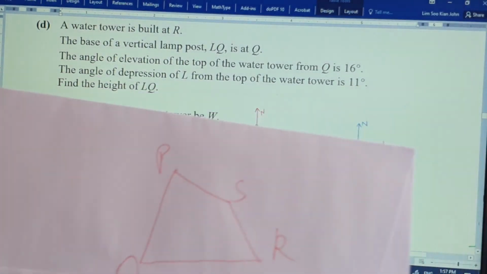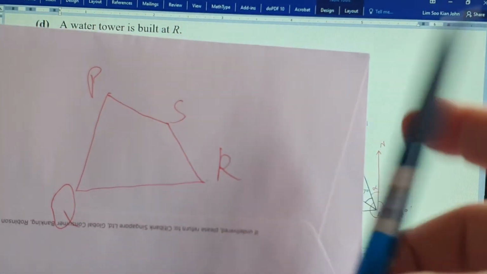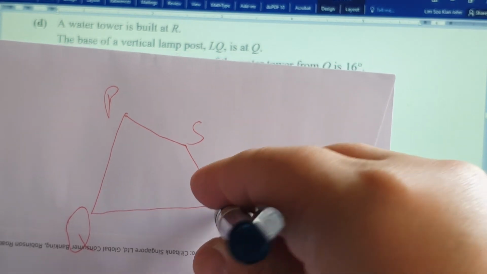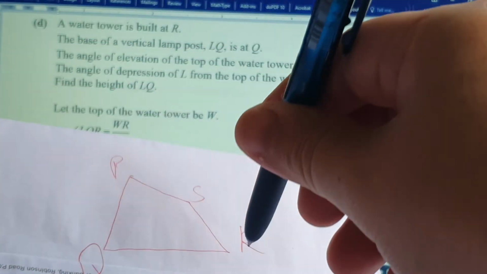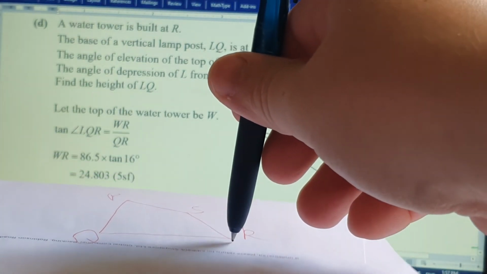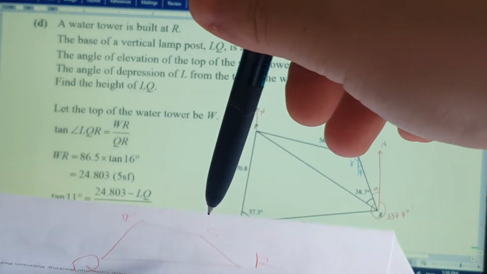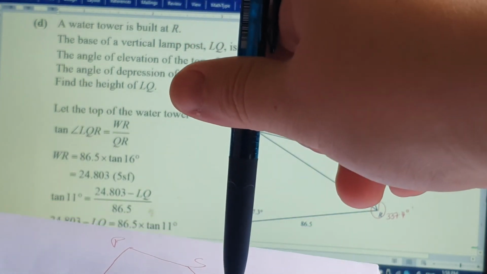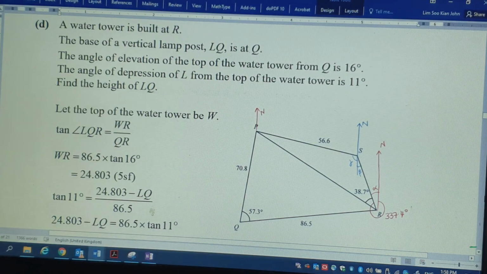When we look at this diagram, the tower is like a point, like my pen like that. But actually when you look at it from the side, it's three-dimensional, because all these four points are on the floor, but this fella is in the air. So you have to think in that way.